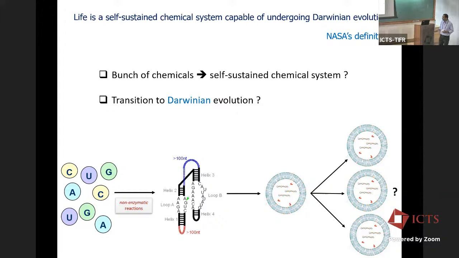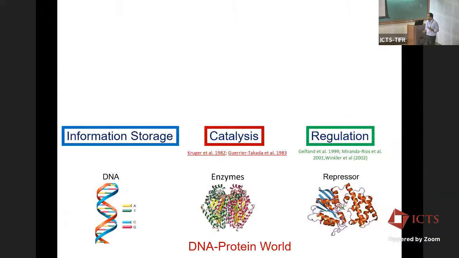I'll be talking about a hypothesis which was made sometime in the late 1960s called the RNA world hypothesis, which says that unlike the DNA-protein world that we know of today, there was no division of labor in the primordial times before DNA and protein evolved.